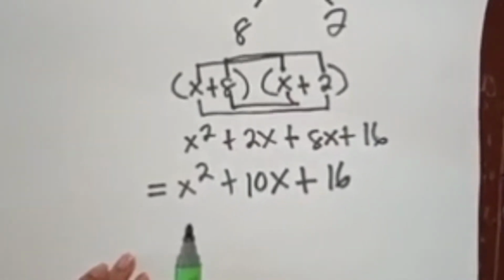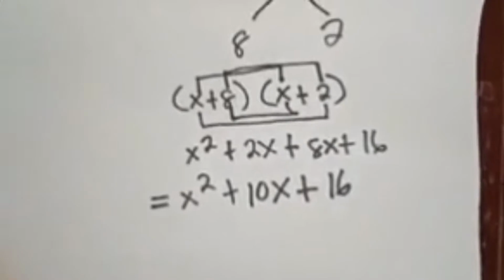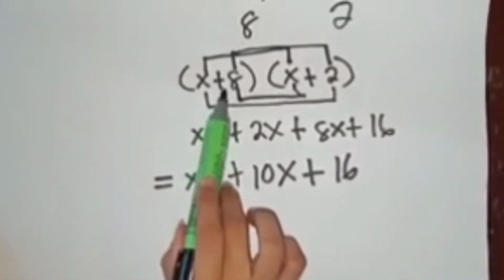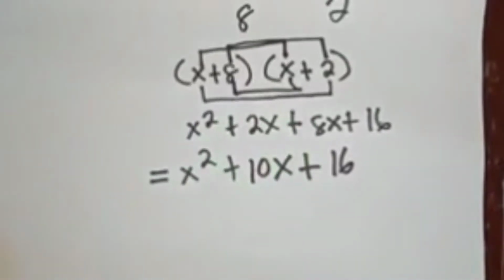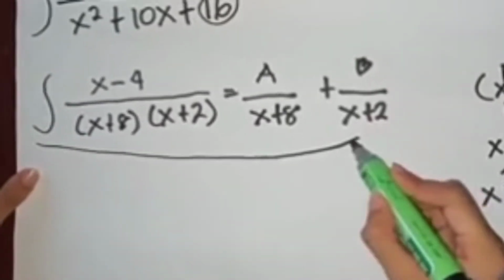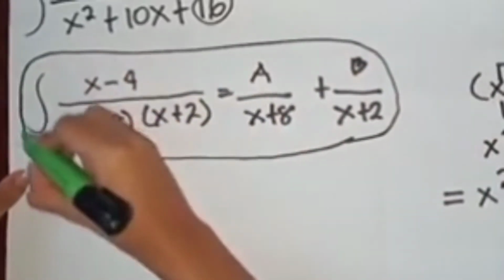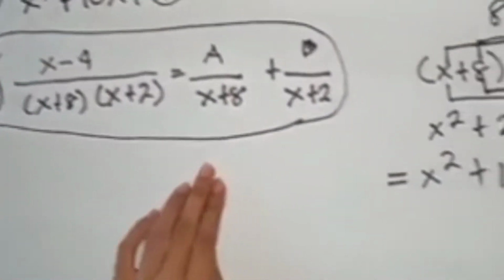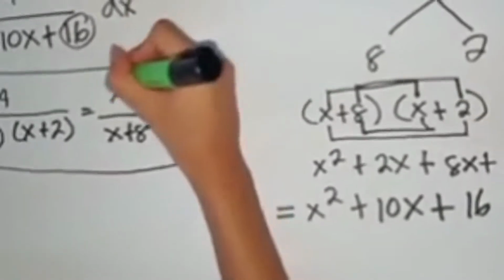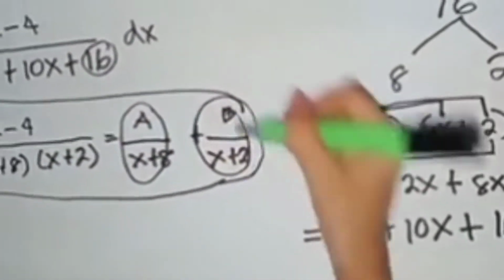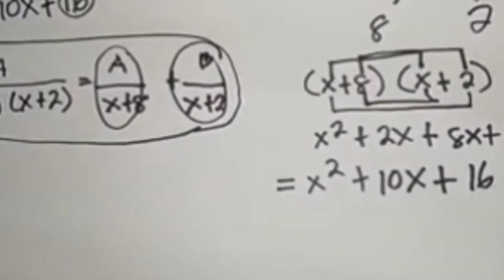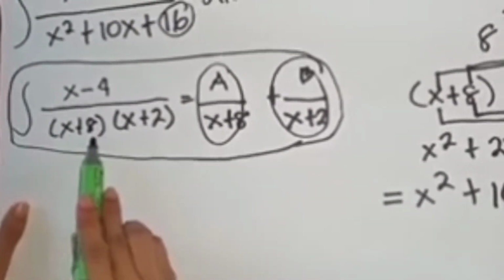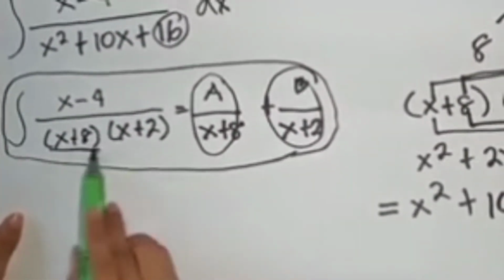Now, the factors of this denominator are (x plus 8) and (x plus 2). We will break this into fractions. Okay, so determine the value of A and B. We need to multiply both sides by this denominator, (x plus 8) and (x plus 2).